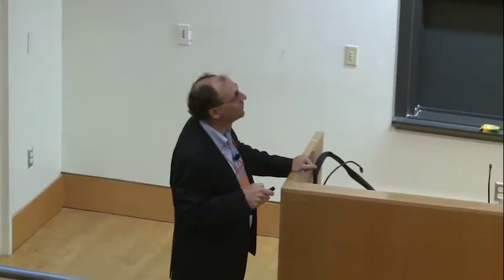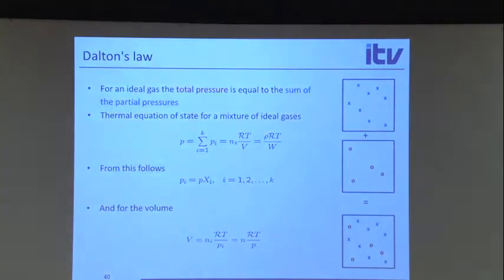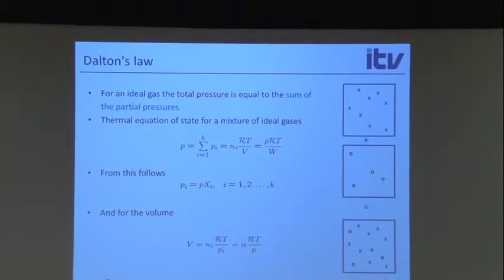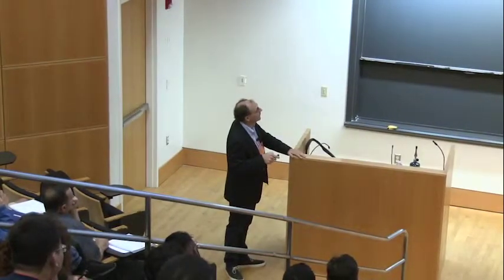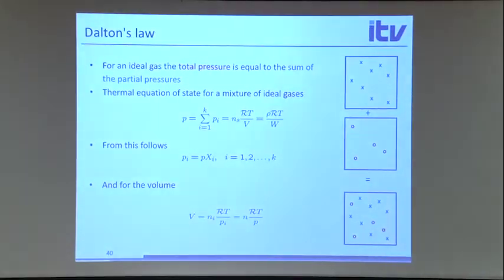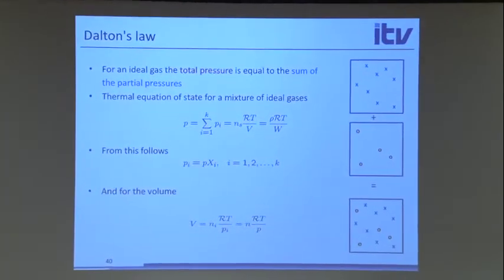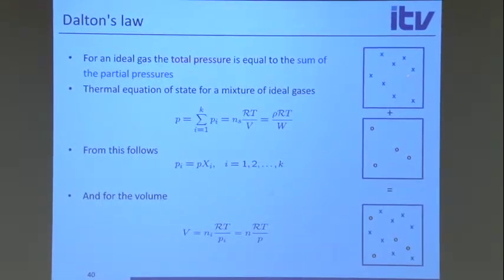But it also says, because these species are infinitely far apart, I can superpose the impact of each individual molecule, or the impact of each species in the gas mixture. So let's say I have here nitrogen and oxygen in the room. Then I can treat these as if they were totally independent, because the nitrogen and oxygen molecules never collide anyway.